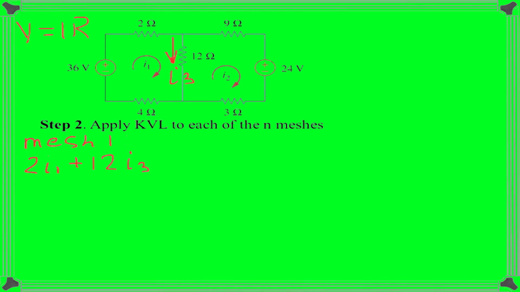Then we move into the 4 ohm resistor, and again this is positive, plus 4, and the only current flowing through the 4 ohm resistor is I1, so 4 I1. And then we go to the voltage source, 36 volts, going in a clockwise direction.